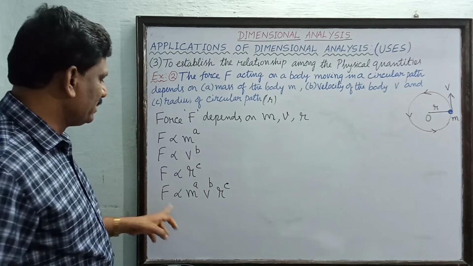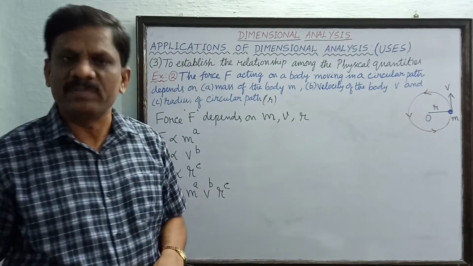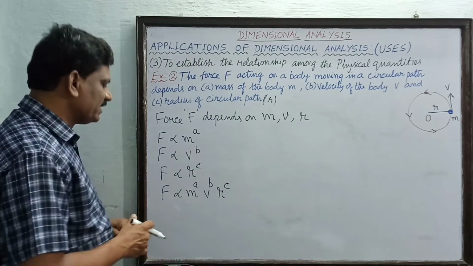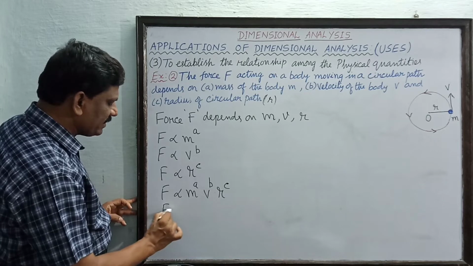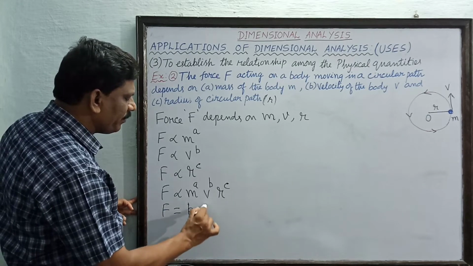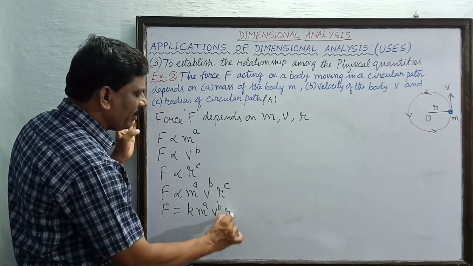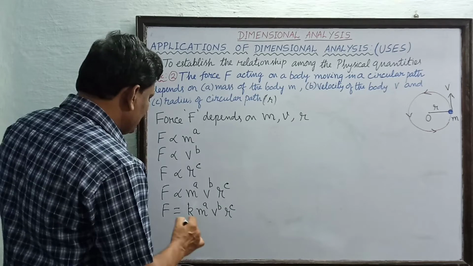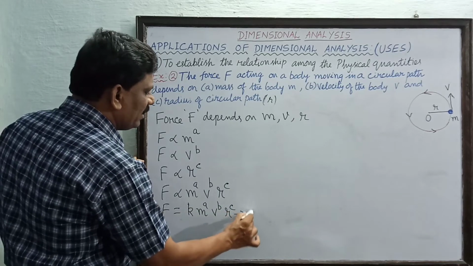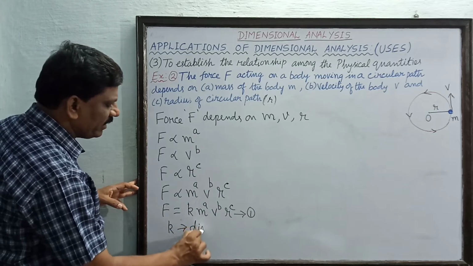As usual, this proportionality I am going to change into an equation, so I multiply by the proportionality constant, which is dimensionless. So F = k m^a v^b r^c, and this is the first equation, where k is a dimensionless constant.